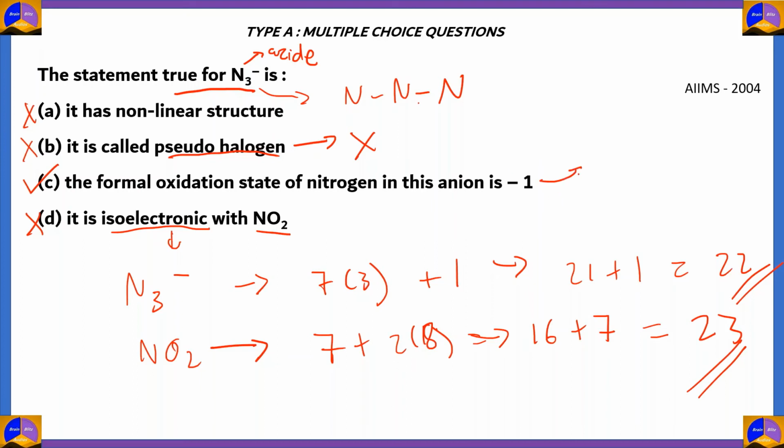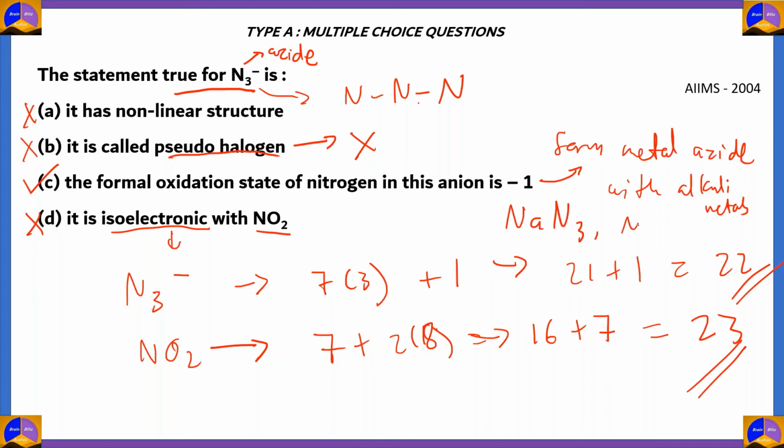And to give an example, azides usually form metal azides with alkali metals. So it's usually NaN3 and then KN3, etc. And when it comes to alkaline earth, it becomes Mg(N3) twice.